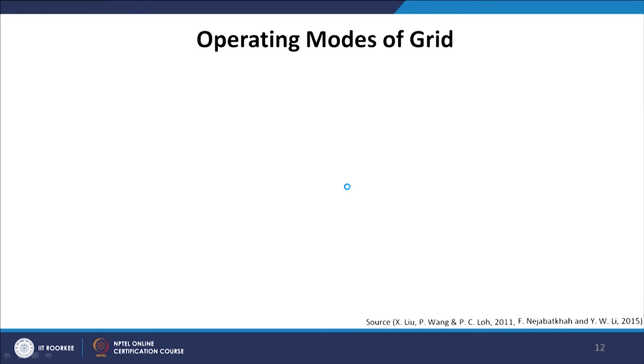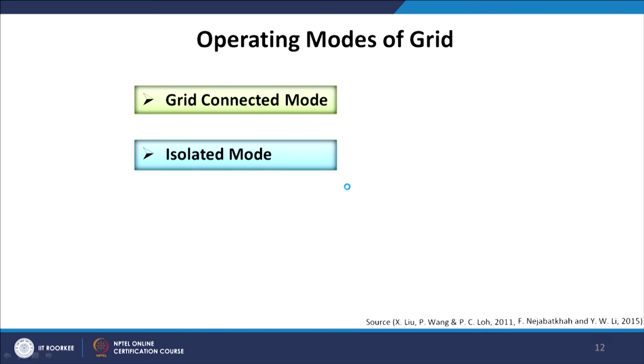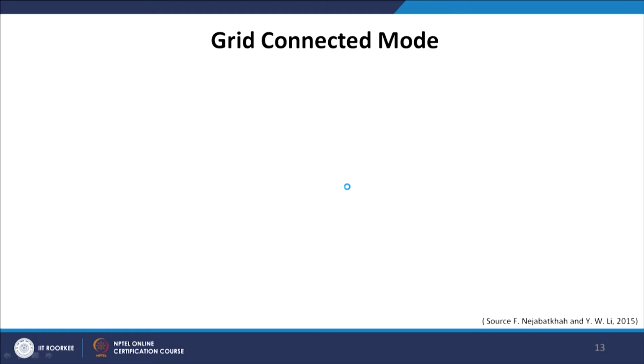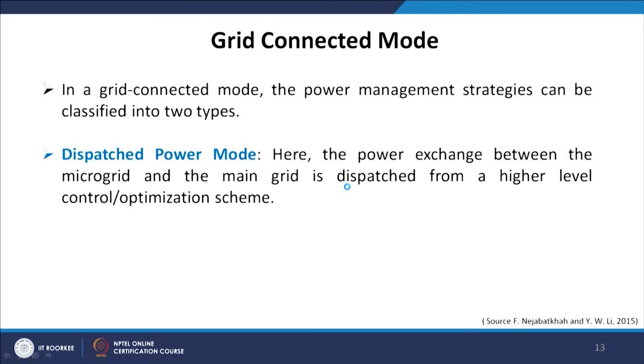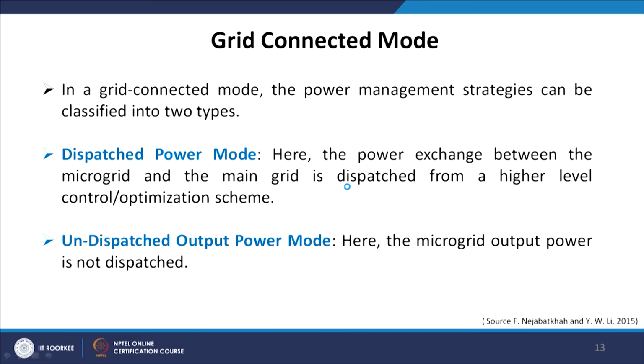Now, let us see what are the operating modes of the grid. There are two modes, as we all know, one is grid connected, the other one is isolated. Now, in a grid connected mode, the power management strategies can be classified in two ways. One is dispatched power mode and the other one is undispatched output power mode. Now, let us focus.